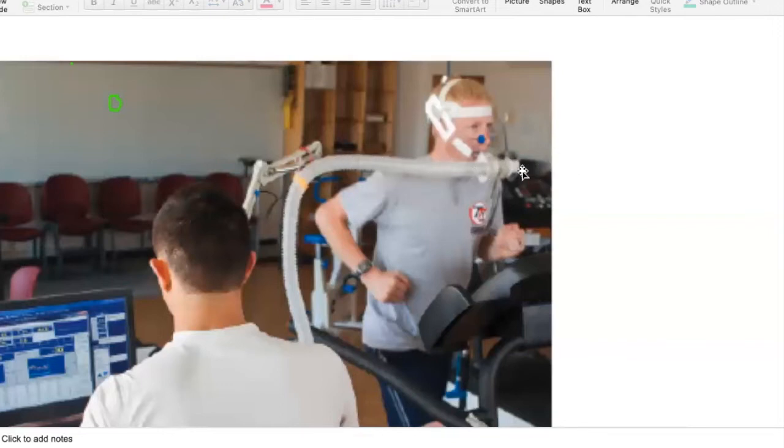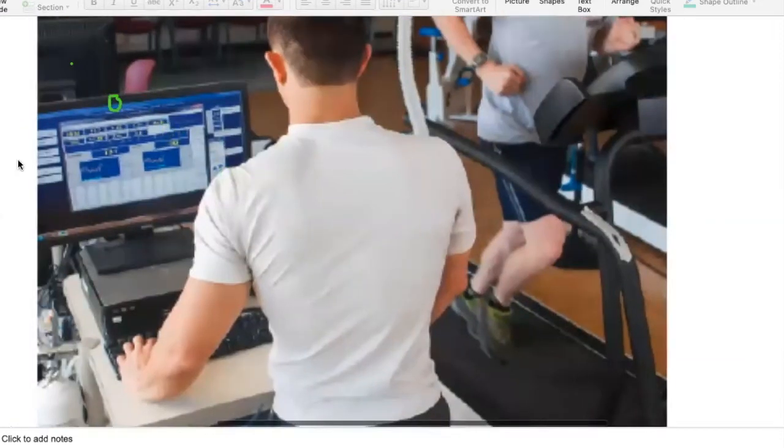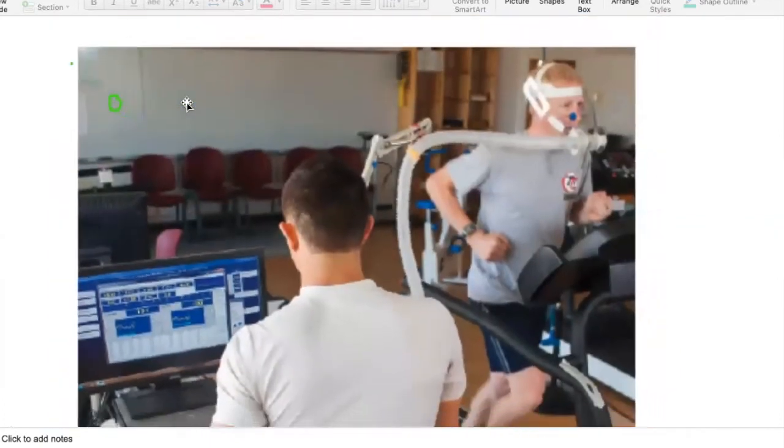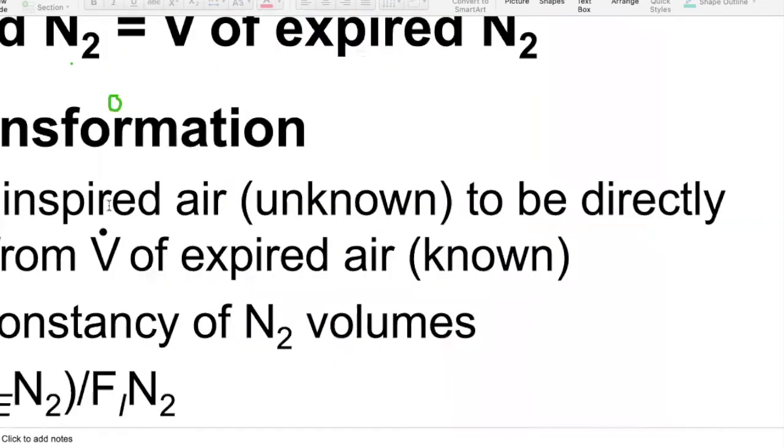So he breathes in air, atmospheric air, it's processed, and he breathes it out. And that expired air goes into the computer down here. And this cart here, this metabolic cart, can read all of these particular variables. All right, so this is a direct measurement of VO2 max, or the amount of oxygen and carbon dioxide that's used.